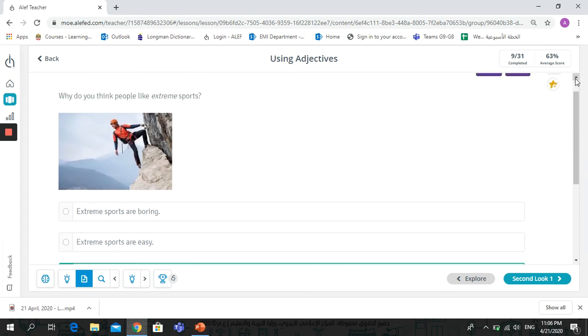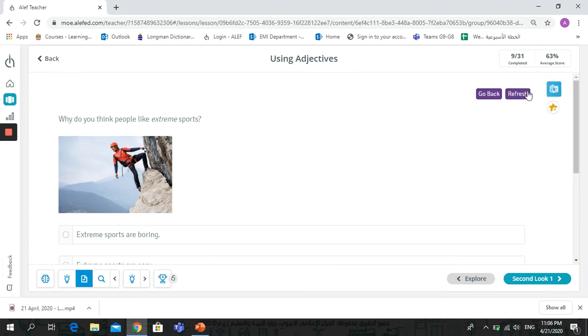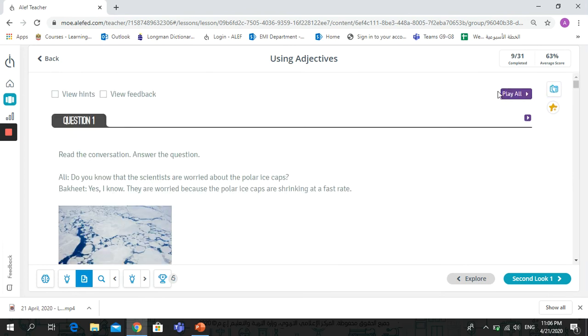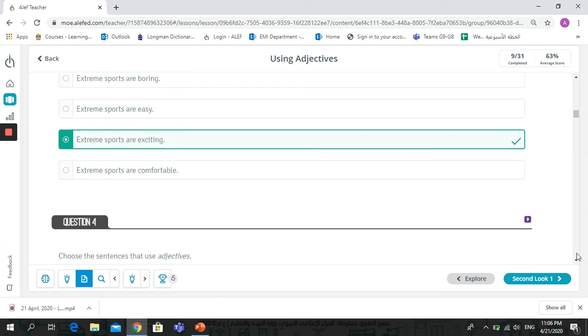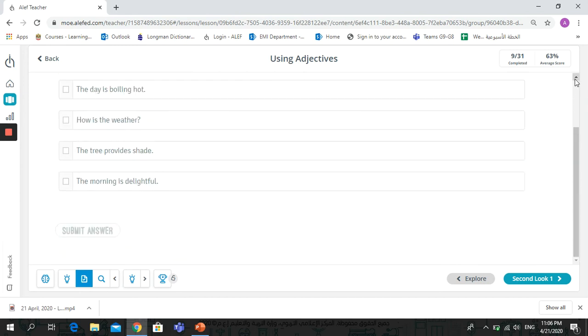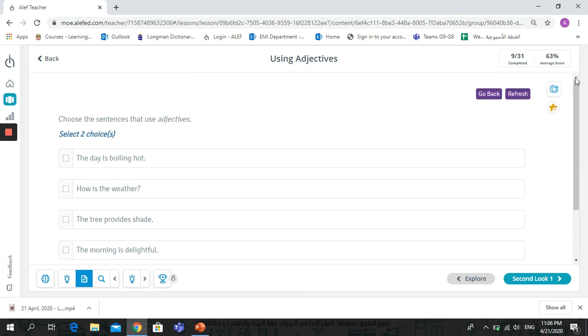This was question 3. Let's go to question 4. Look at question 4. Take your time. Guess the adjective that is used, or guess what is required from the question itself.